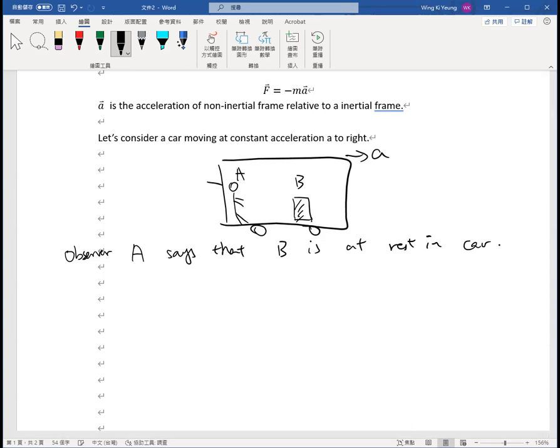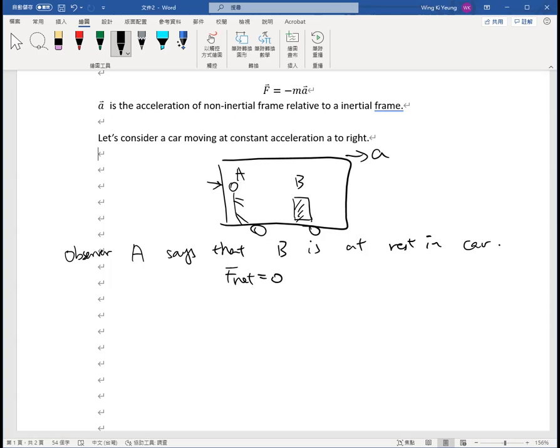Even for you, you can experience the force acting on you by the back of the seat, a net force to the right. Similarly for object B. Both you and B experience a net force to the right, but you say the net force is 0 because you think B is at rest. So Newton's second law is not valid in this reference frame.